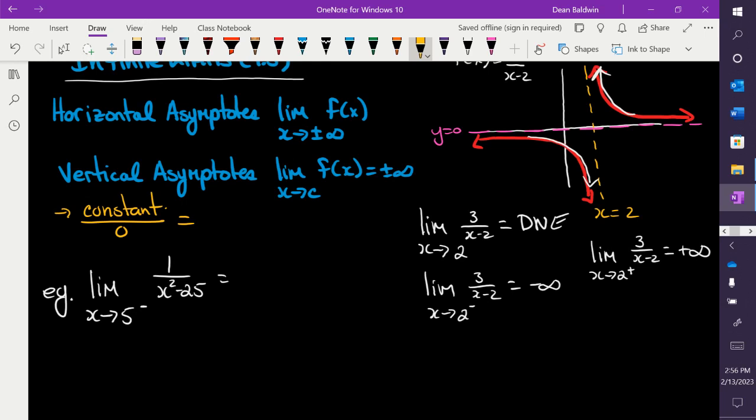Okay, we say undefined. But I just told you, when you're dividing by 0, that's actually a vertical asymptote, right? And what does the graph do? By definition, as you approach a vertical asymptote, it goes to positive or negative infinity. Therefore, any constant divided by 0 is positive or negative infinity.